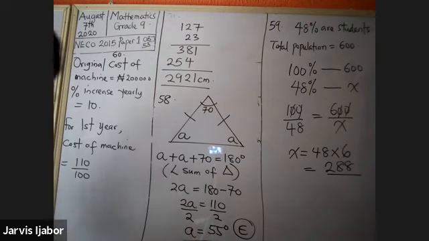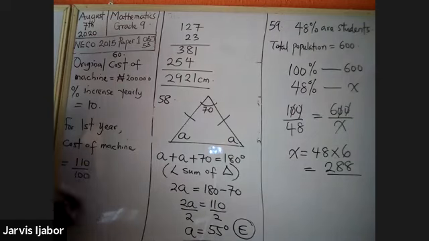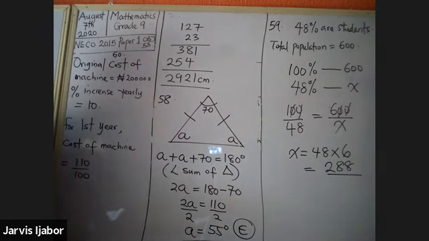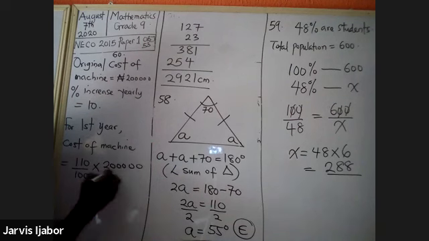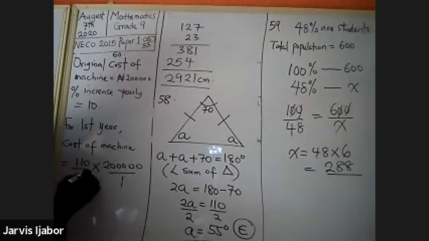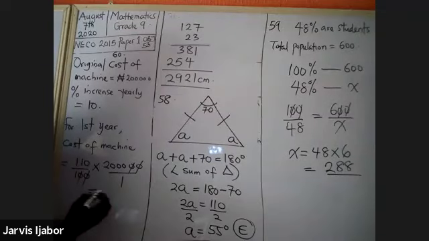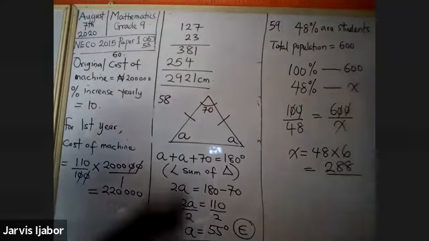That's the same idea that is borrowed here again. The original position is always 100%. Please take note of this, because this concept will help you unlock a lot of areas in mathematics. Times 200,000. And my answer here will be 220,000. That's for the first year.